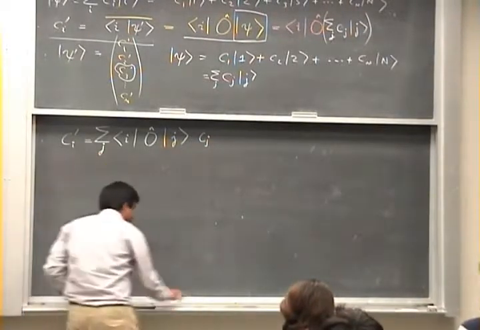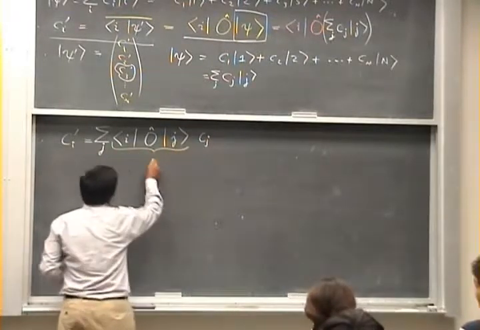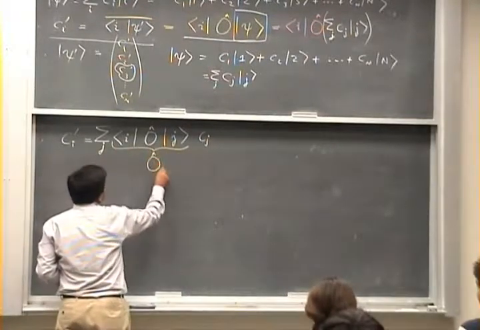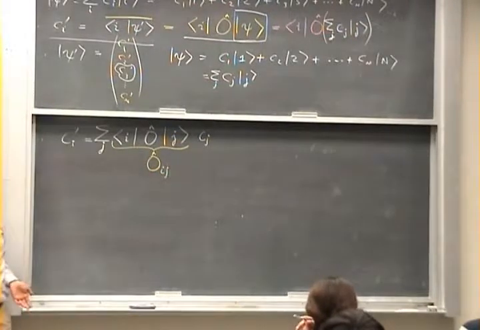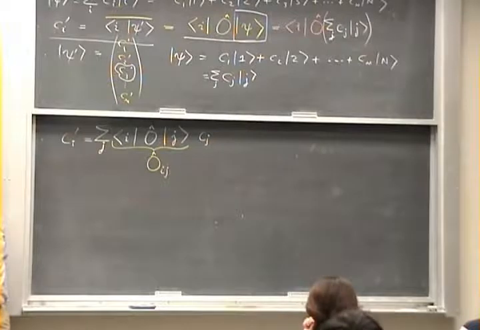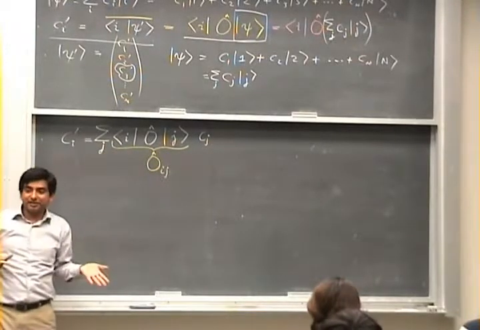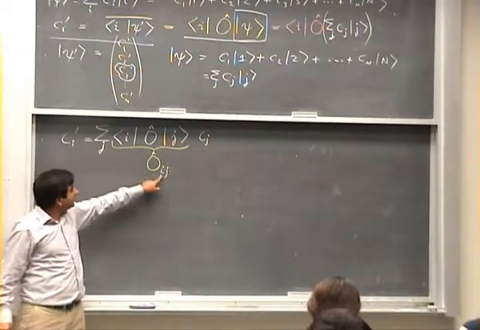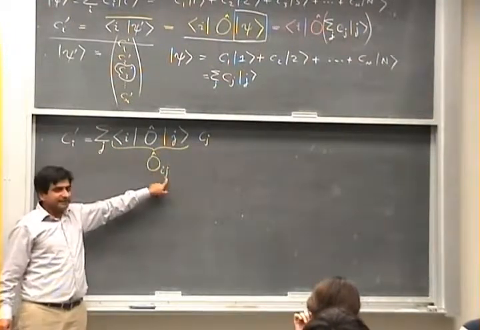Now if I represent this number, I just represent this number by O operator I j. I just represent it like this. Okay? Because it has two indices, I and j. So I put I, whatever appears in the bra, as the first index, and j as the second index.